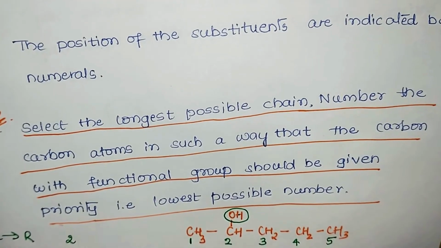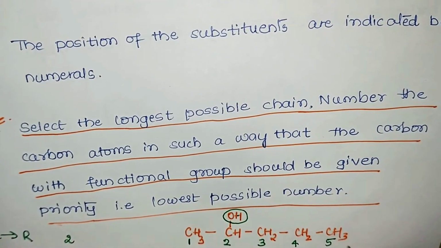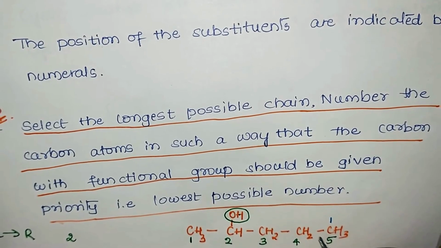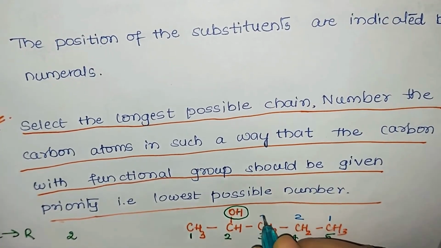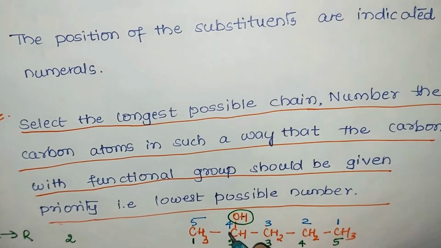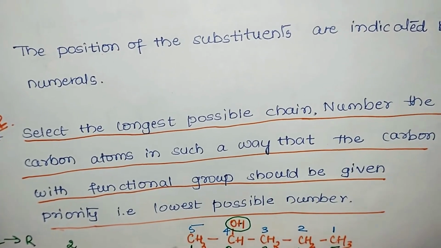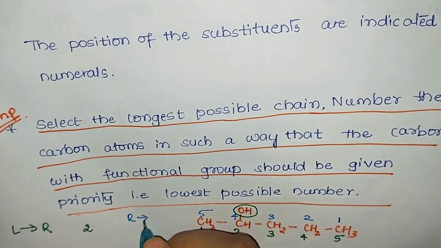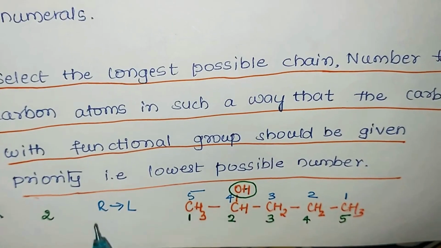Let us number it the other way, from right to left. When you number it from right to left, what is the position of the functional group? Note it down: it is on the fourth position.